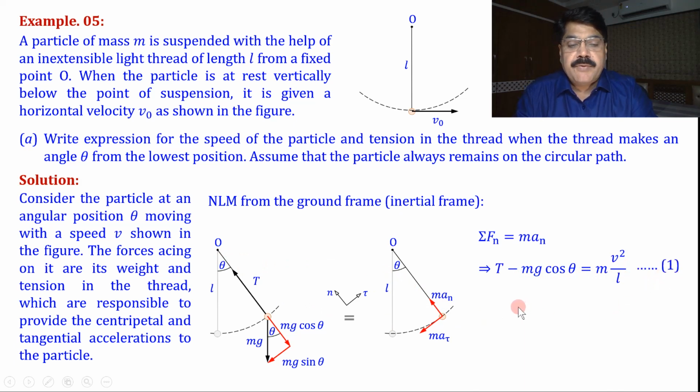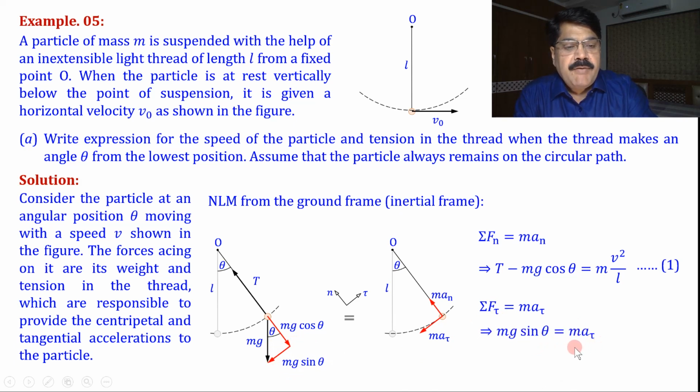Now for the tangential direction, summation F_tau equals m a_tau. For summation F_tau we have only this component, so mg sin theta equals m a_tau, and from there we can write a_tau equals g sin theta. So this is the second equation. For further analysis we have to use only these two equations.